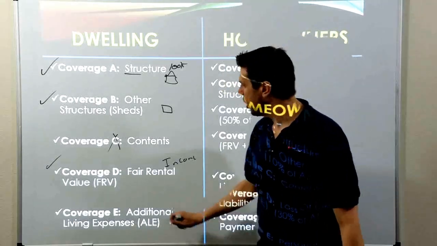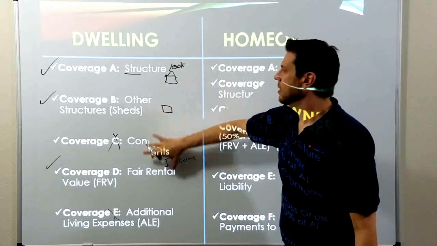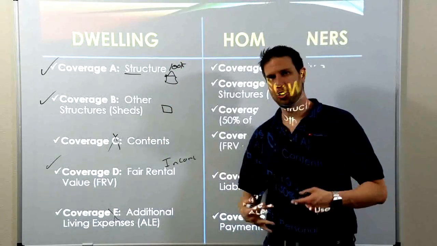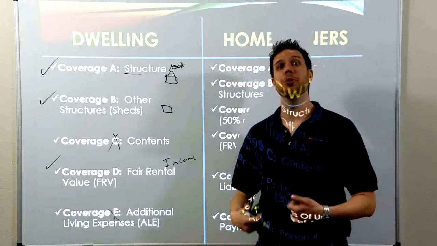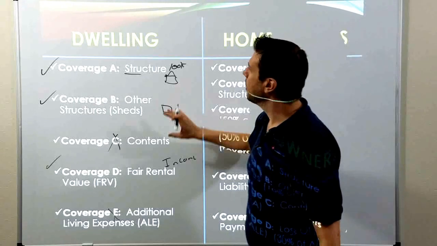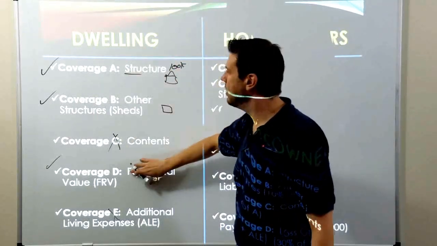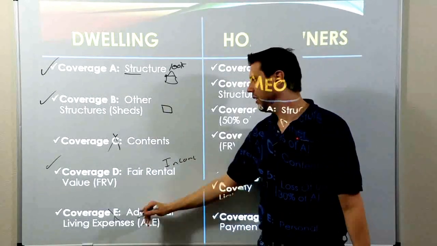No. So I wouldn't get coverage E. Dwelling policies, you get to pick and choose the coverages you need. So the rental property I'm renting out to other people, I get to choose A, B, and D, opt out of C and E. Don't need it.